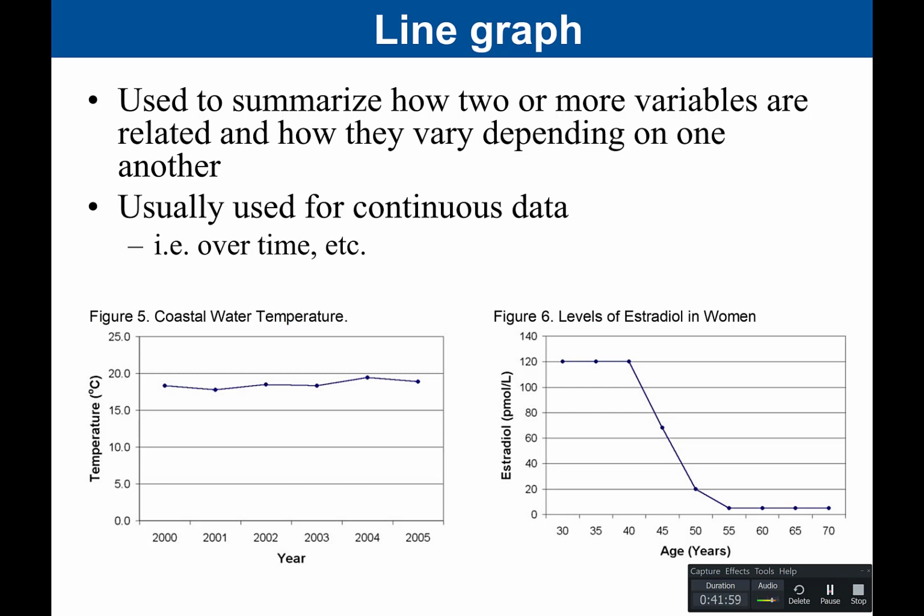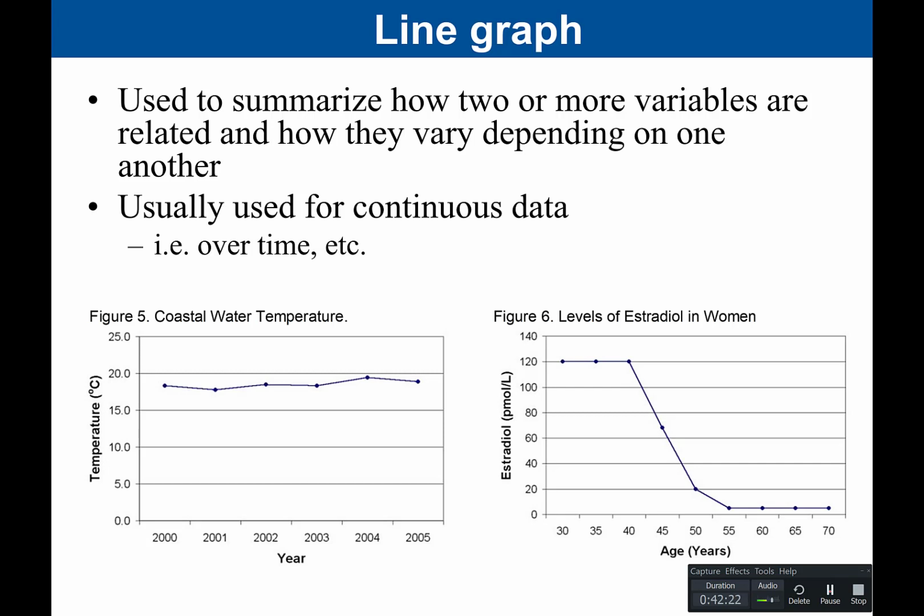One of these graphs says coastal water temperatures. And in this graph, what they're doing is measuring the temperature of the water over a period of 5 years, from 2000 to 2005. And they're looking at whether the coastal water temperature fluctuated over time.